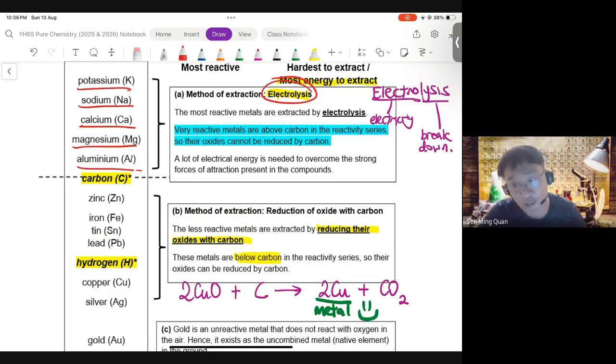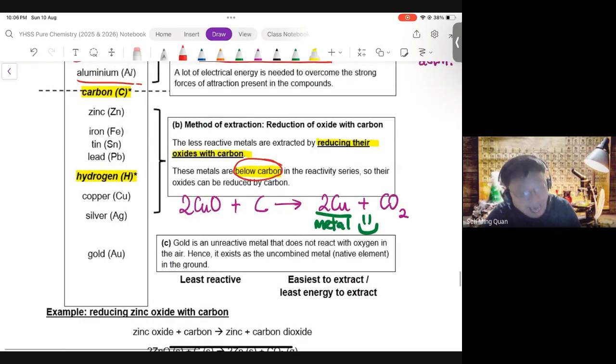Aluminium, also electrolysis. Why? Because they are above carbon, so they cannot be reduced by carbon. They will require the most energy to extract because these are the most reactive metals. Metals below carbon can be extracted by reducing their oxides with carbon.